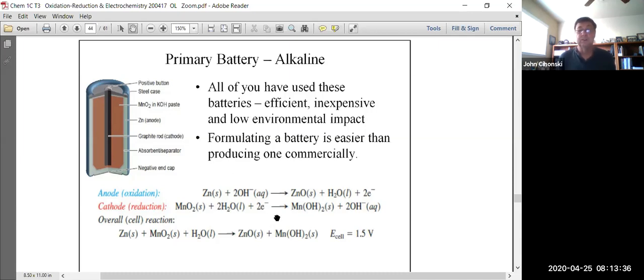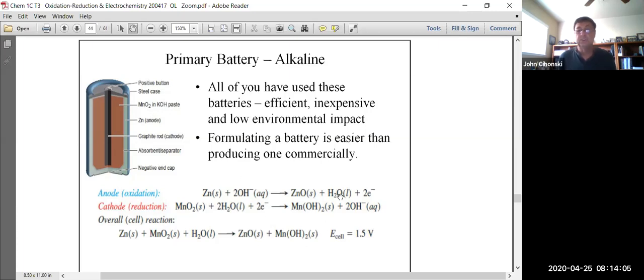Now, if you'll notice, we have hydroxide and water for the anode that we need to have in some proximity. And we have water and hydroxide for the manganese part. Same thing, just they're being used for different purposes. Well, similar purposes, not the same.